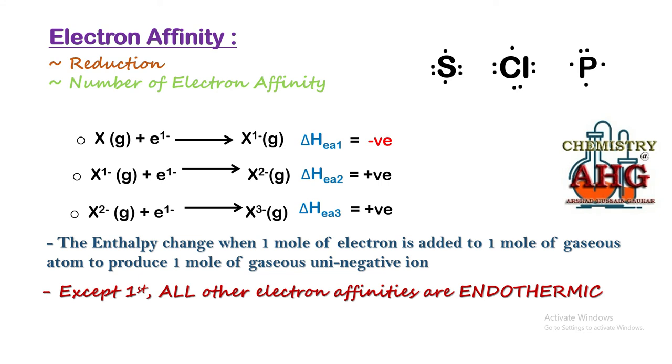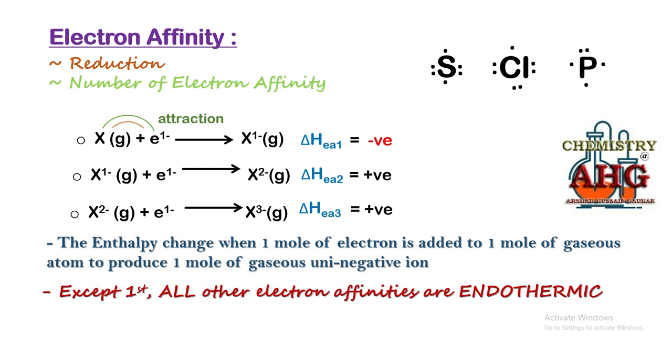See, whenever an electron is added to any atom or any ion, two forces are operative. One is the force of attraction, the other is the force of repulsion. The electron is attracted by the nucleus of an atom. That is the force of attraction. Force of attraction releases energy, and there is a repulsion between the electron and the valence electrons already present in the outermost shell of the atom.